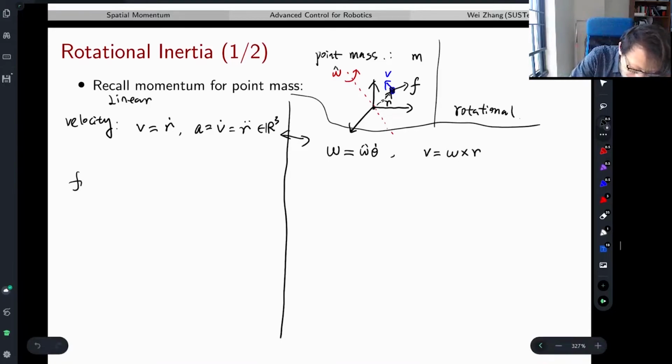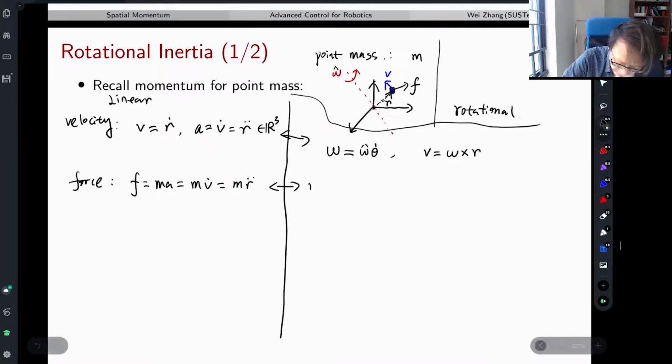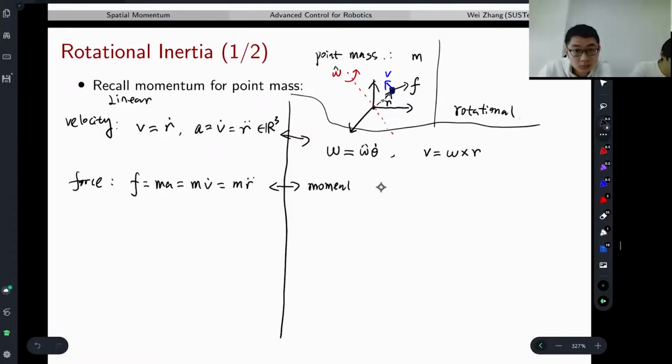Then in the linear motion world, there is a force, and the force equals m a, that's Newton's second law. And this is m v dot, which is m r double dot. This corresponds to the moment or torque in the rotational world.